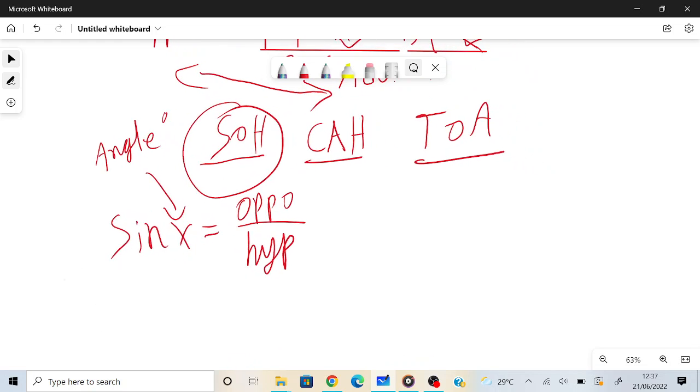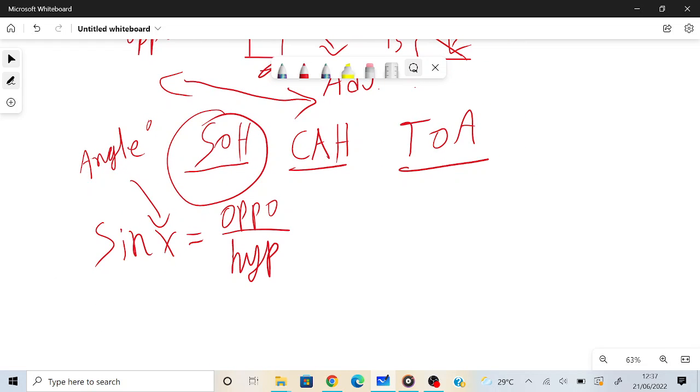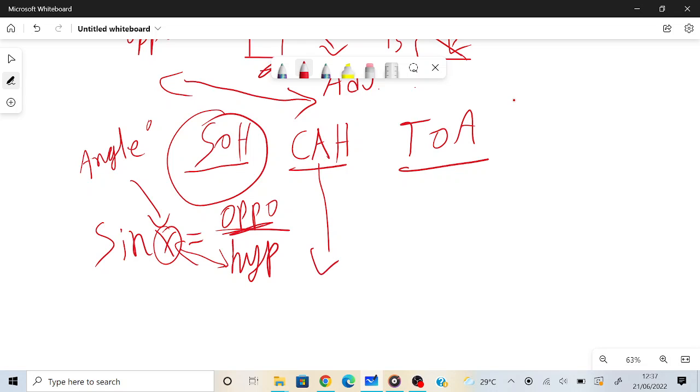So basically, you take your opposite divided by the hypotenuse, and then you can take the sine inverse of that if you're trying to find the angle, or if you're given the angle and you're trying to find, say, the opposite, then you can just cross multiply the sine of the angle and the hypotenuse, and you get your opposite. Similarly, cos is cos x equals adjacent over hypotenuse.